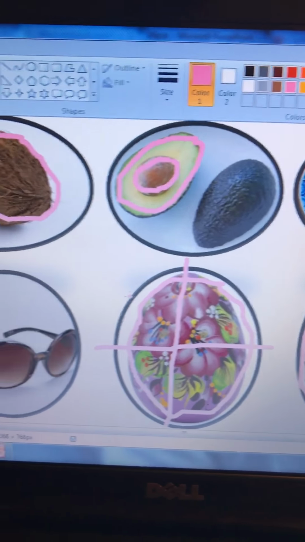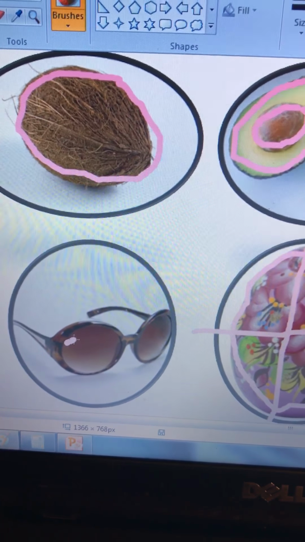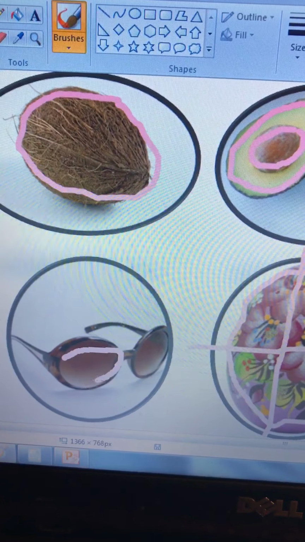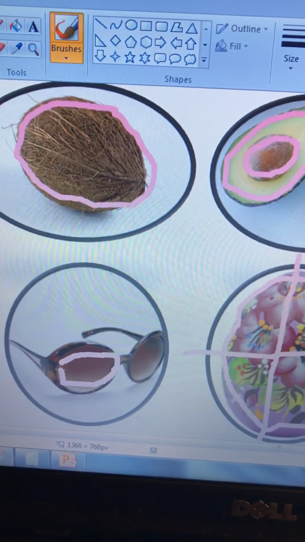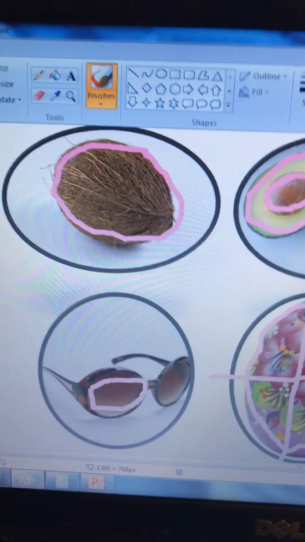I picked that for Easter, since we have Easter coming up. And then this is just something different, another ellipse, because I was going to use an eye, but that's not actually an object, so I found a pair of sunglasses.